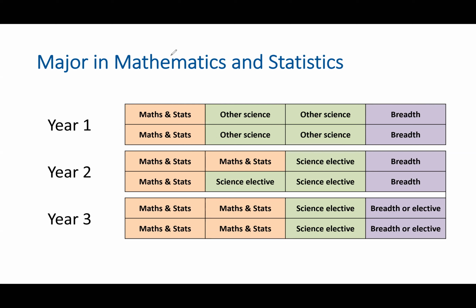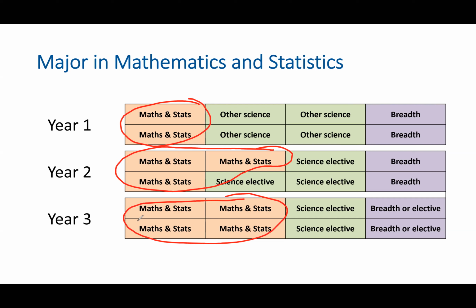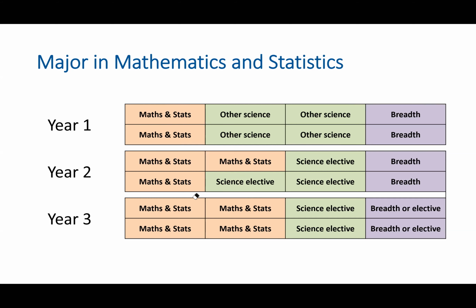And then as you can see, as your course progresses, you gradually do more and more maths. So 2 maths subjects in first year, typically 3 maths subjects in second year, and 4 maths and stats subjects in third year. So those orange subjects, these are the core mathematics subjects. These are the ones that you have to do, the essential ones for the mathematics and statistics major.